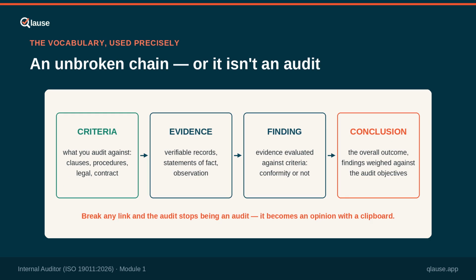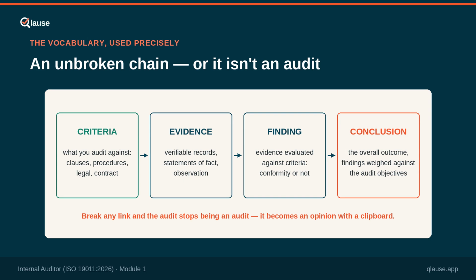Next, the vocabulary. And please, use it precisely, because sloppy language is where weak audits begin. Audit criteria are the reference you audit against: standard clauses, your own procedures, legal requirements, contract terms. Audit evidence is verifiable: records, statements of fact, and other information relevant to those criteria.